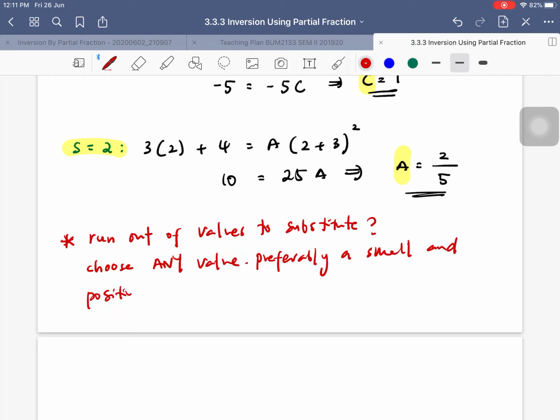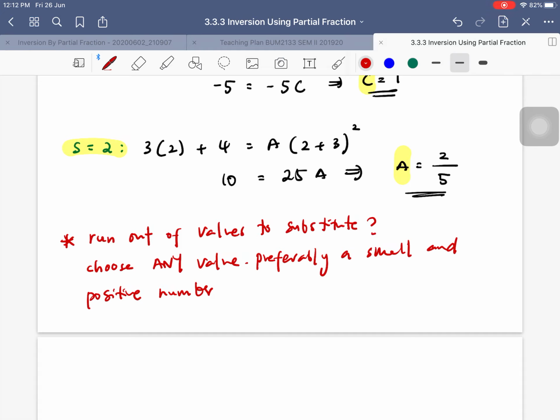Why does it have to be small? Because you don't want to end up having to simplify a big number. And why does it have to be positive? Because you don't want to be dealing with negative numbers, since when you deal with negative numbers, the chance for you to make mistakes is higher. Therefore, pick a very small and positive number.